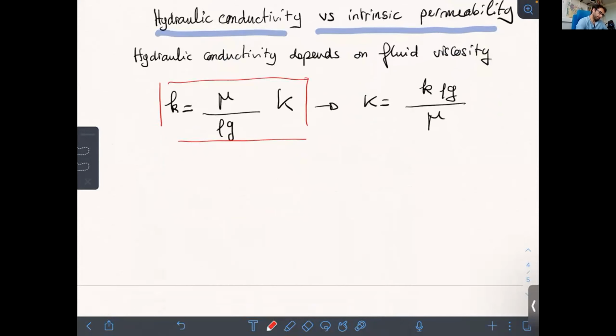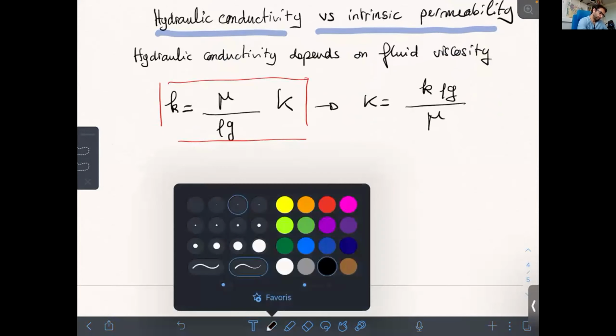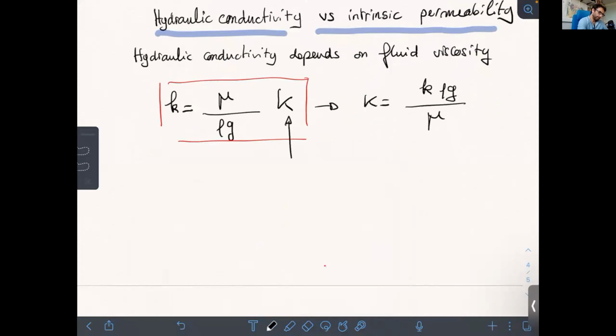And so let's have a look at the units of this. As we said, hydraulic conductivity is meter per second. Rho g is per meter squared per second squared. Viscosity is in kilogram per meter per second.